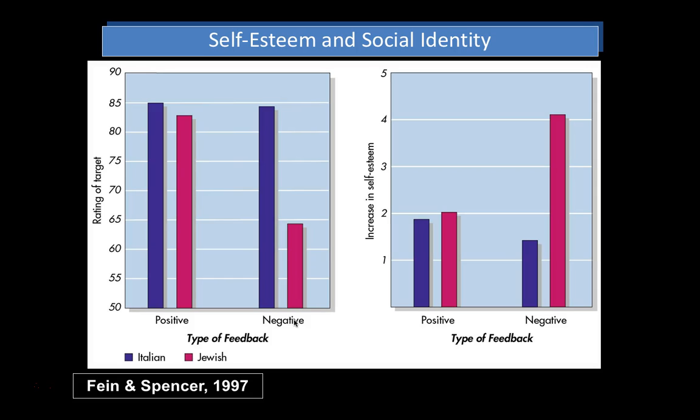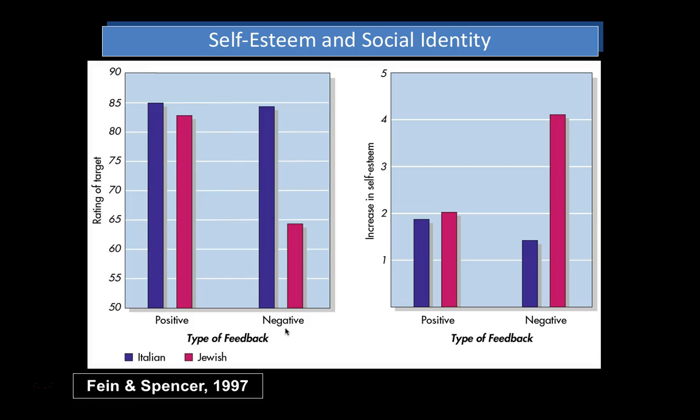You're in the lower echelons, pretty low on the scale of what most students at this university are at. So they got blows to their self-esteem. Their self-esteem was either enhanced by the positive feedback, or there was this threat, this negative feedback.